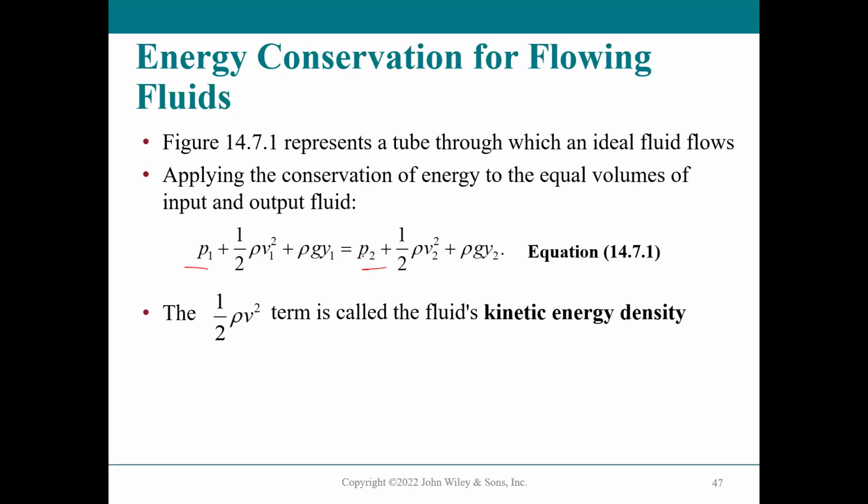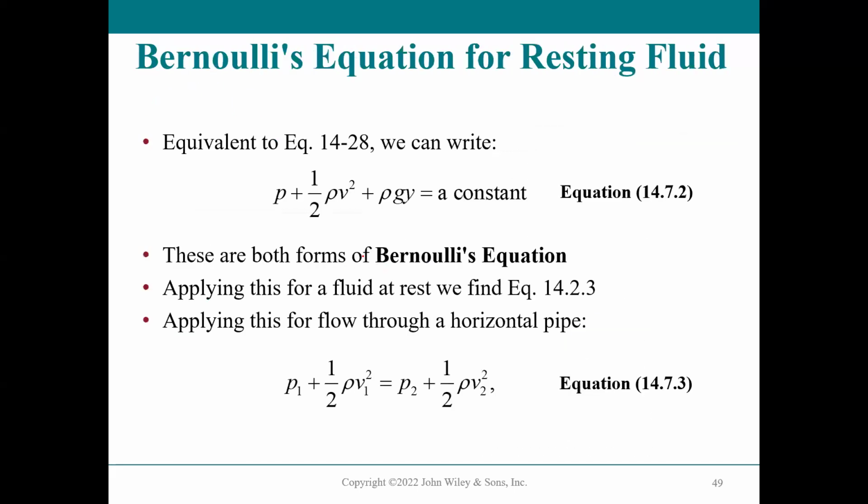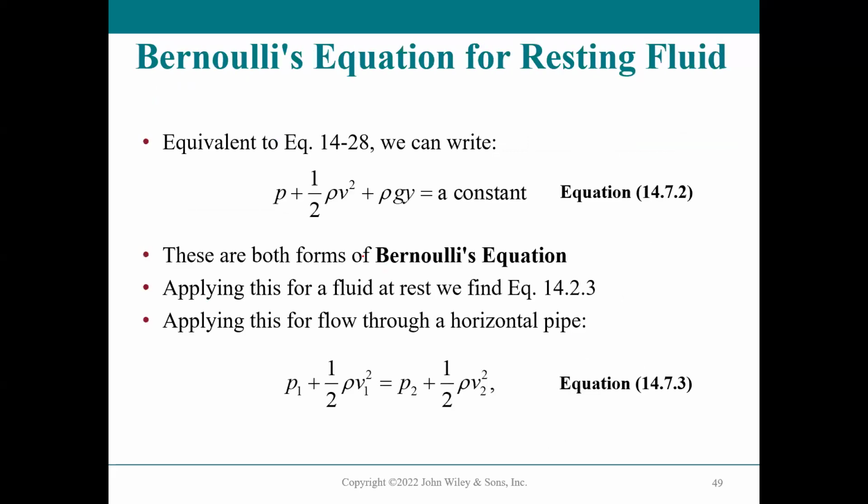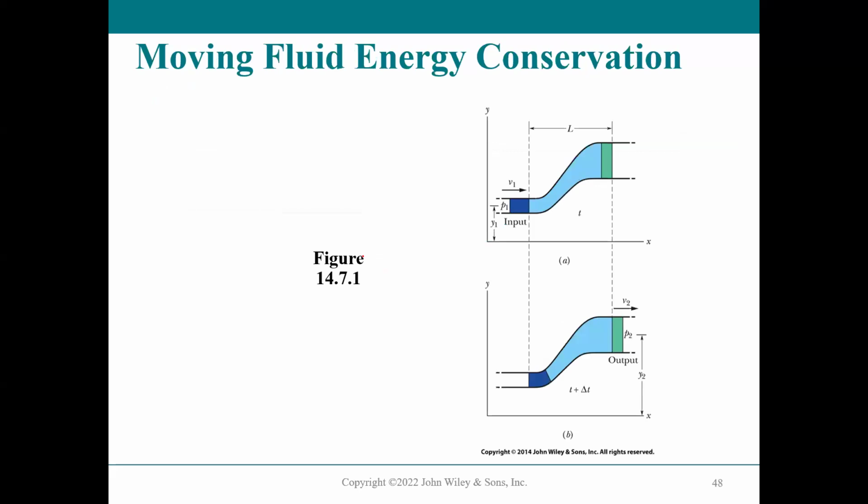Okay, half rho v squared is called the fluid's kinetic energy density. So in this case, the figure shows P1 and y1, then P2 and y2.